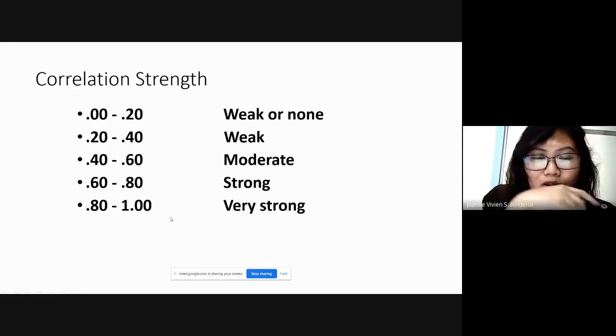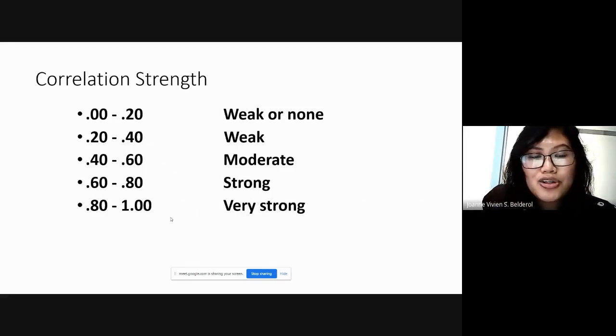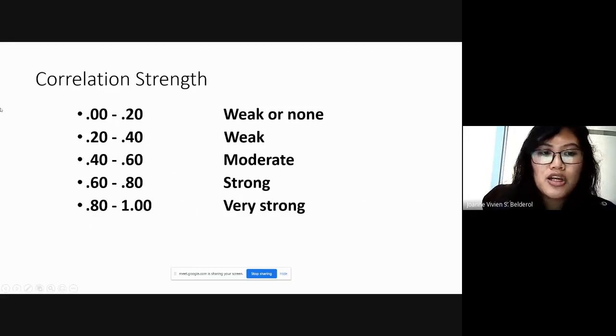Now, I told you kaganina nga, there are two things that we can find out in a correlation analysis. First is the nature or direction. Second is the correlation strength. So this is now our scale for correlation strength. So when you compute your correlation and the number that comes out is between 0.00 to 0.20, then the relationship is weak or wala gyud relationship. Pag 0.20 to 0.40, meaning weak ang relationship.